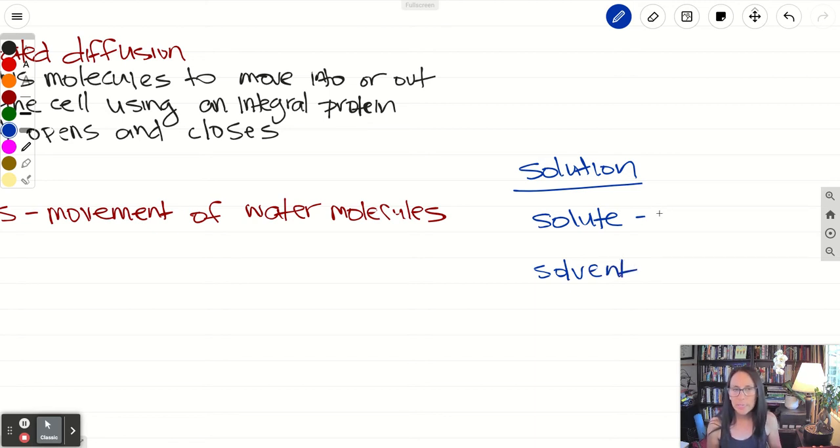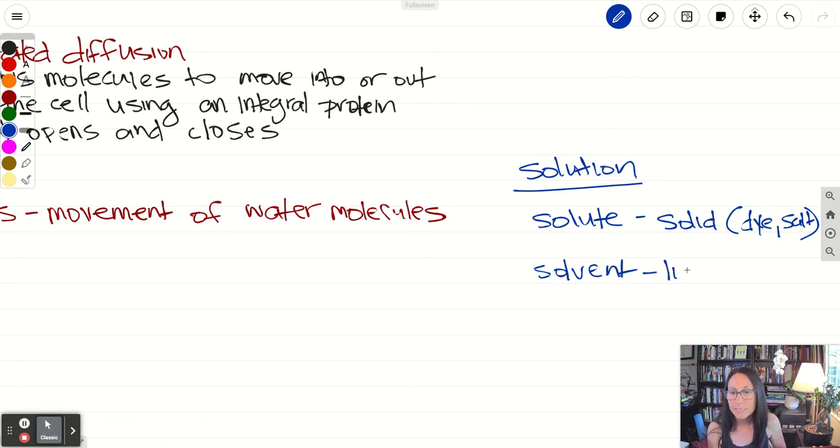A solute is the solid in the solution. So in terms of that dye example, it's the dye molecules. Okay, in terms of the salt in the cell, it's the salt. Okay, and then the solvent is almost always water.